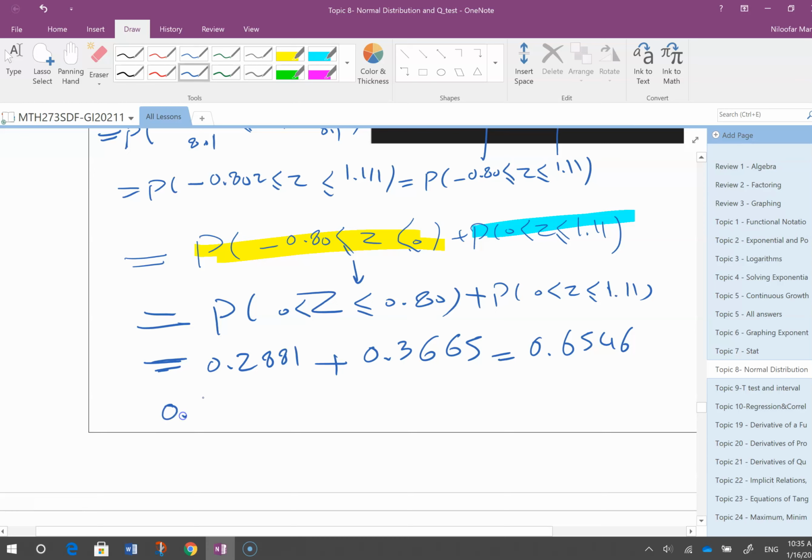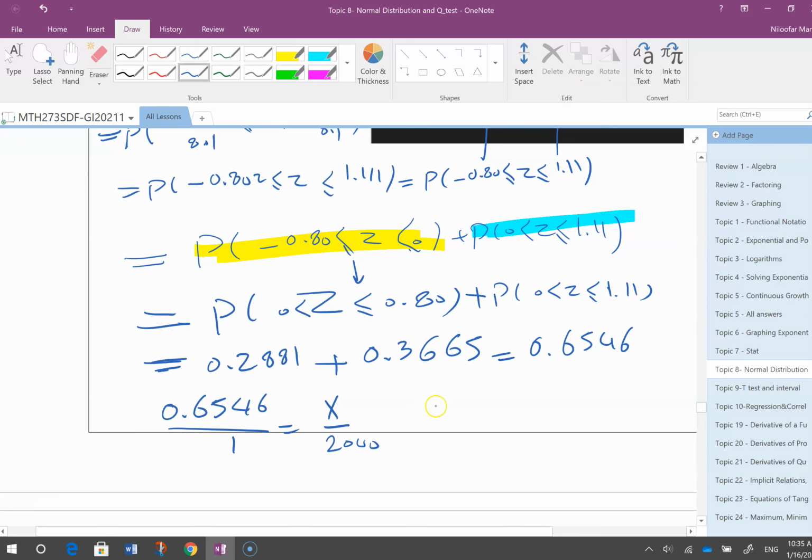So it is 0.6546 over 1. How many over 1000? If I say how many over 100, I am looking for percentage. If I say percentage, means you do over 100. But when you do over 2000, you are finding the number.